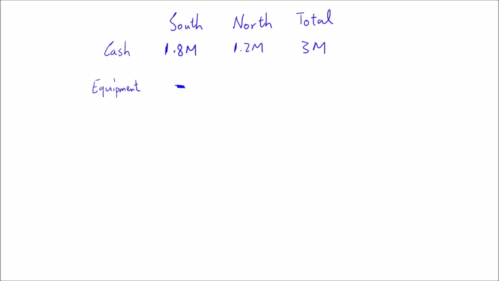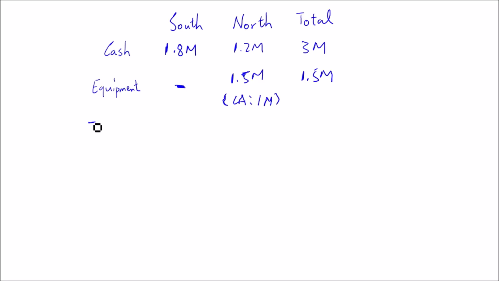North Limited, on the other hand, contributed 1.5 million in terms of fair value of equipment. You can also write it down at the bottom here. The carrying amount of that equipment is $1 million, and that will be helpful in our calculation later. In total, both parties contributed 1.5 million worth of equipment.